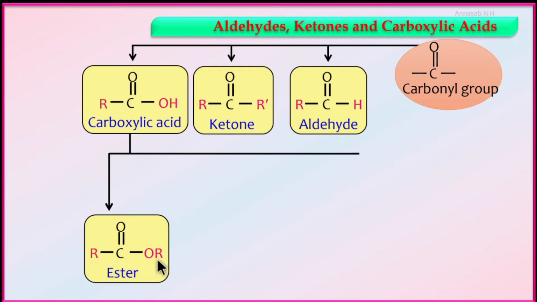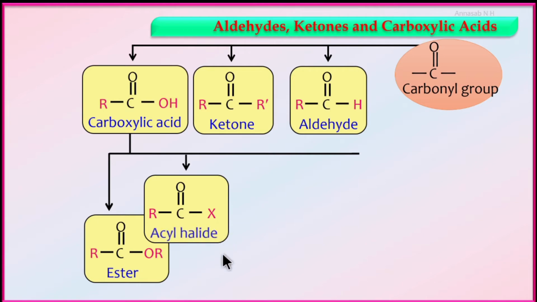So here R groups may be the same or they may be different. The second type of compounds, C double bond O, one side R as it is. Instead of OH, now it is X. X is a halogen atom. It may be F, Cl, Br or I. Such type of compounds are known as acyl halides.